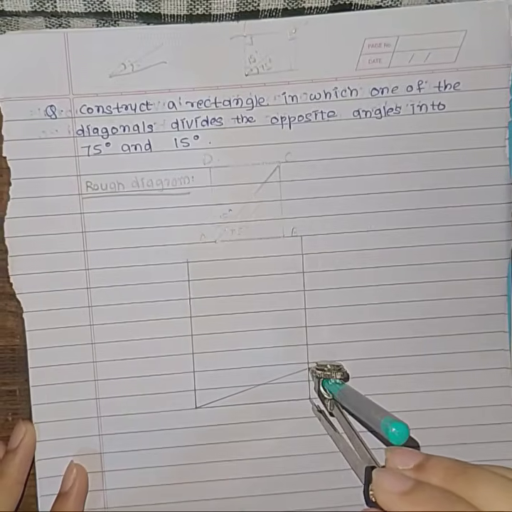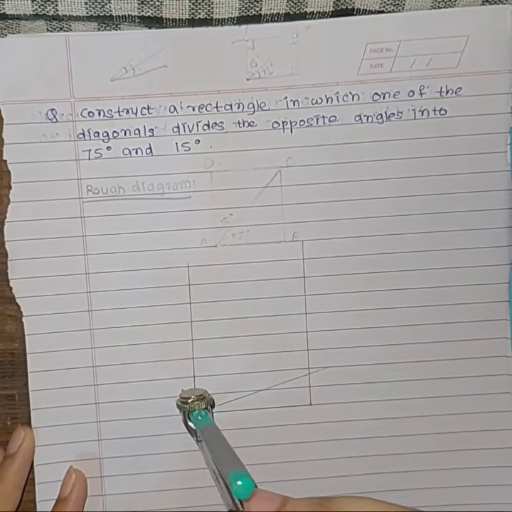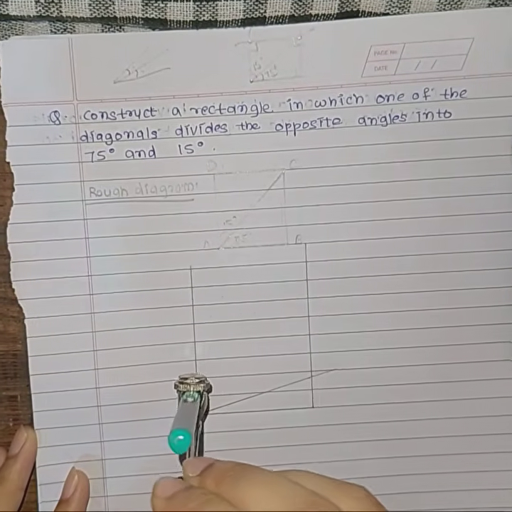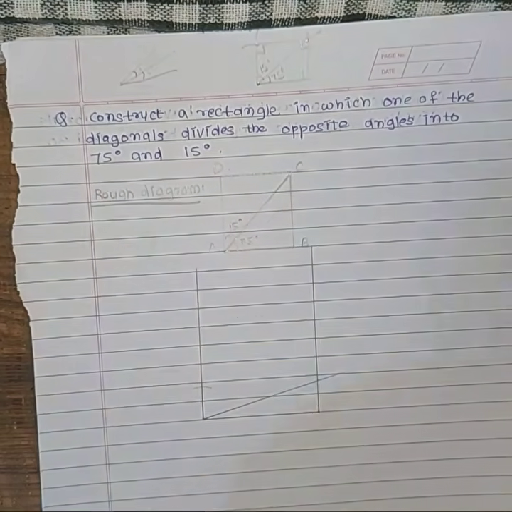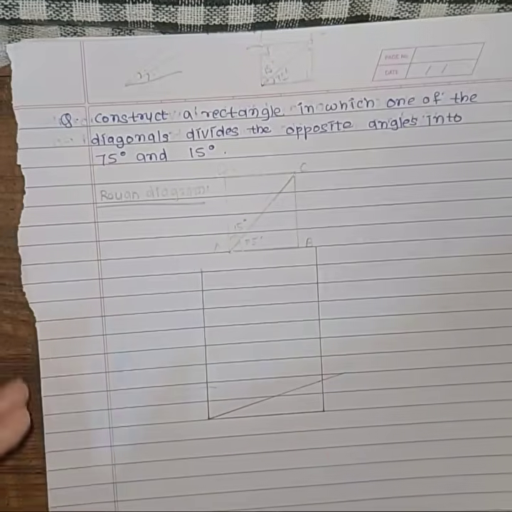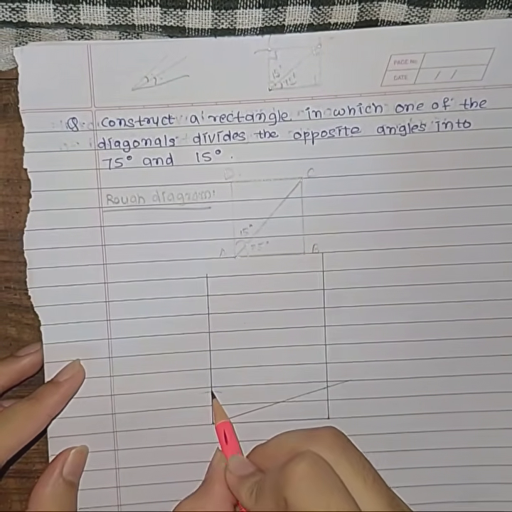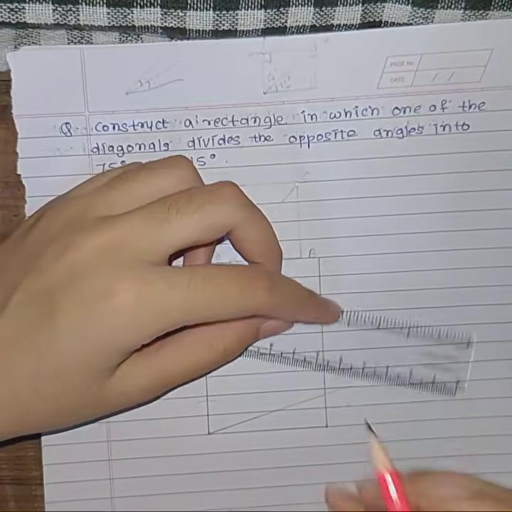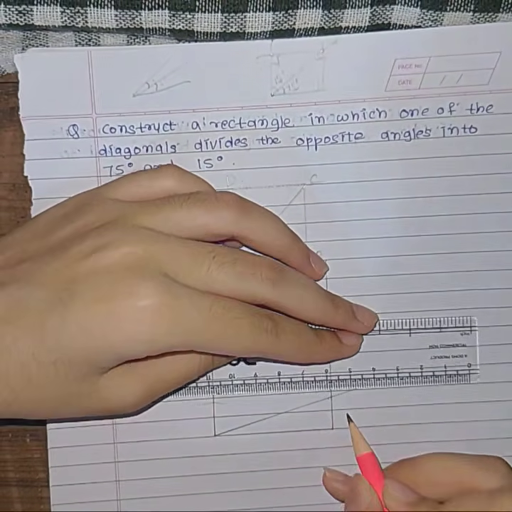And just check once or twice whether it is actually correct. Then you keep it over here on this point and draw an arc. Now mark this point and then join both of these.